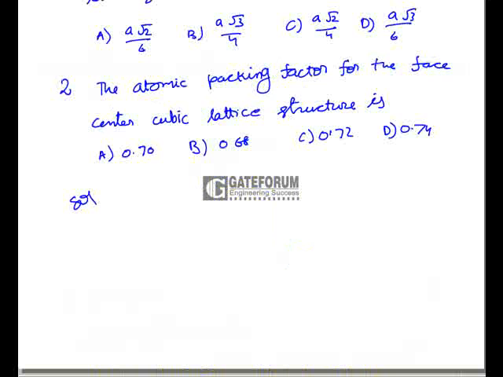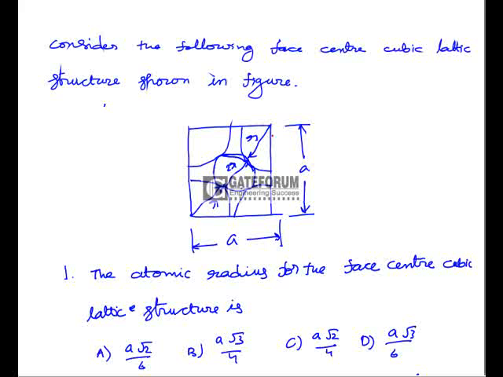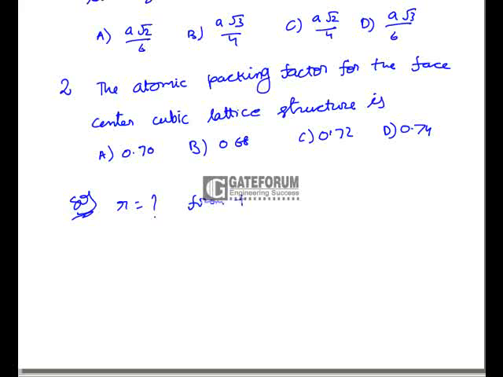Here the atomic radius is nothing but the given r, we have to find out what r is equal to. From the figure you can take this as a right angle triangle with sides a and hypotenuse 4r. So from the diagram we have 4r whole square is equal to a square plus a square.